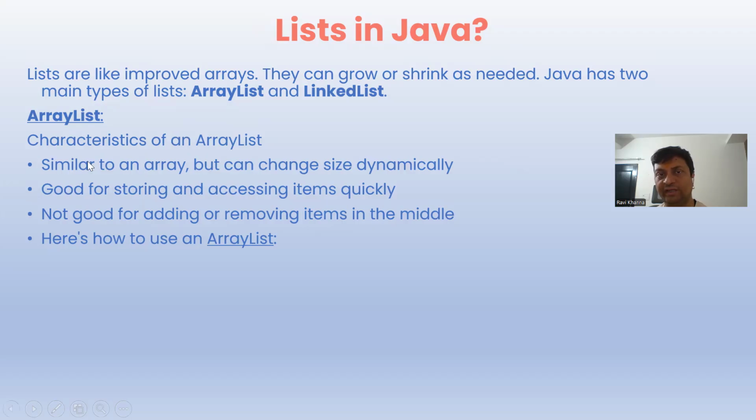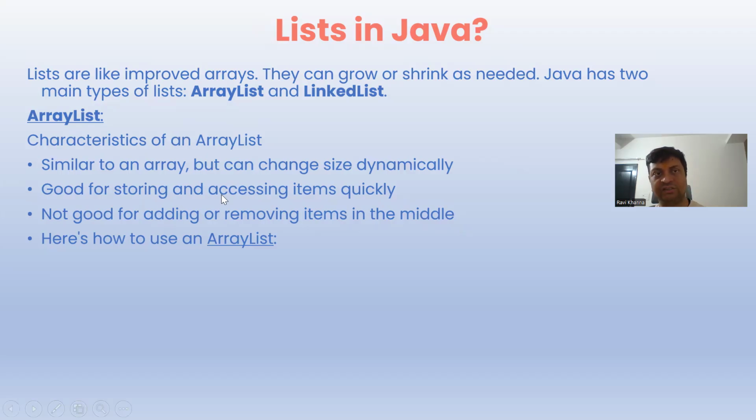It is good for storing and accessing items quickly, but not good for adding or removing items in the middle. If you are doing frequent operations to delete or add items in the middle or at the end, such actions are not advisable for an ArrayList.